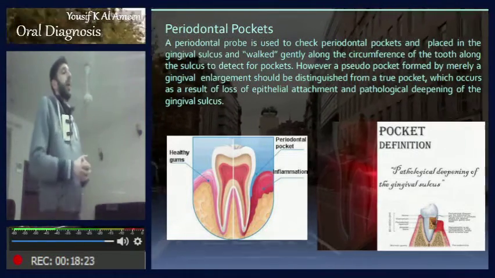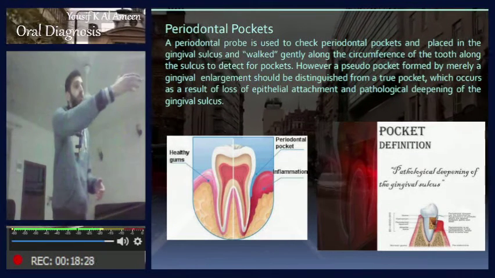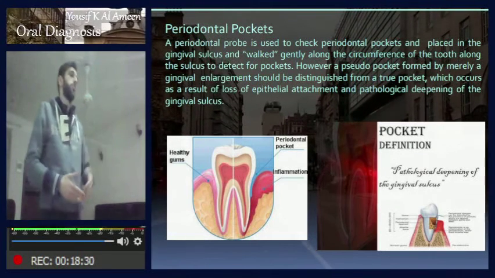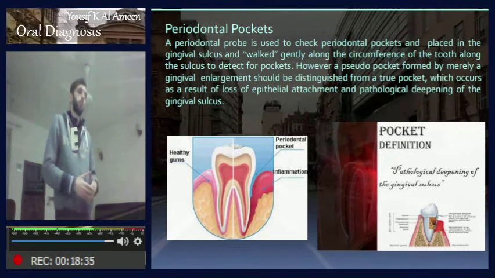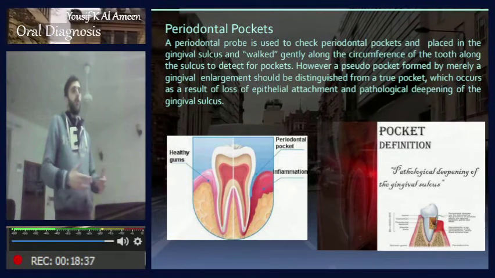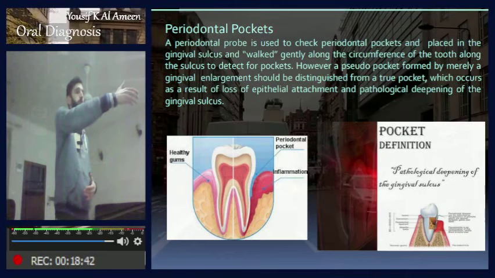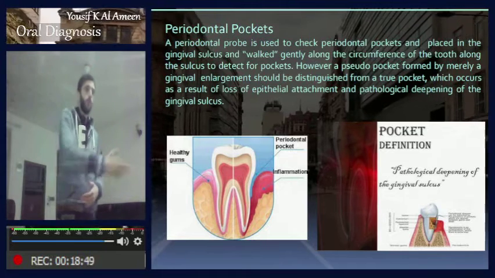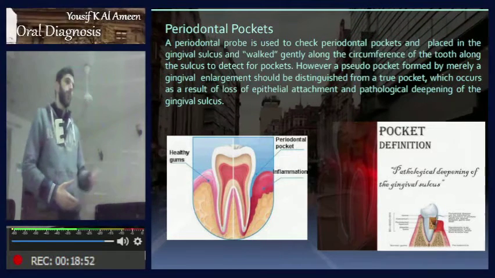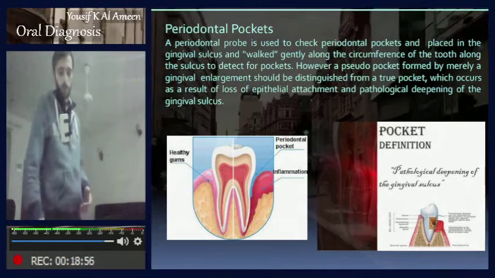However, a pseudo pocket formed merely by gingival enlargement should be distinguished from a true pocket, which occurs as a result of loss of epithelial attachment and pathological deepening of the gingival sulcus. We have here a healthy gum, periodontal pocket, and inflammation.